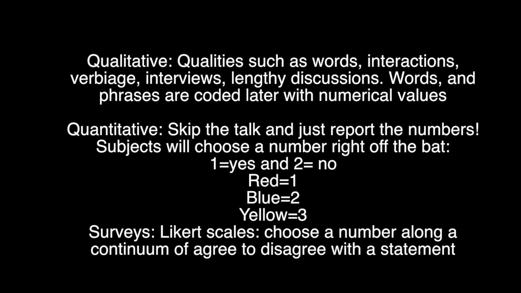Subjects will choose a number right off the bat, like 1 equals yes, 2 equals no, and so on. Likert scales are like this, where you choose a number along a continuum of agree or disagree with a statement. So quantitative uses numbers. Qualitative is more of a quality of emotion, verbiage, words, interactions, and then coded later to run the statistics.